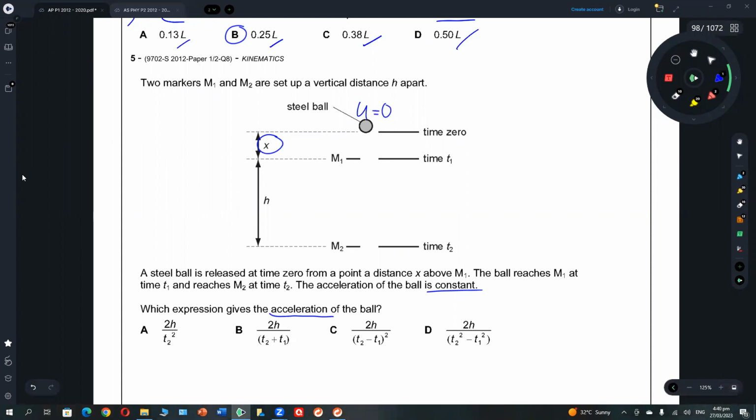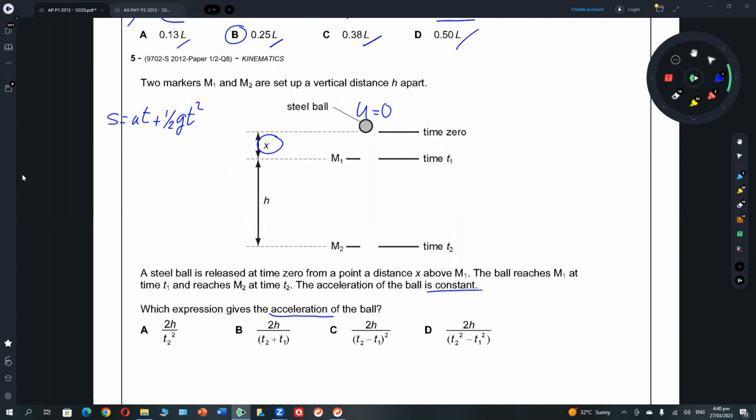So there are three equations of motion. What equation should I use? s is equal to half a t square. Why not 2as is equal to v square minus u square? Because we don't have the final velocity. I'm assuming it doesn't matter whether I take it as g or not, because he's asking to find that.